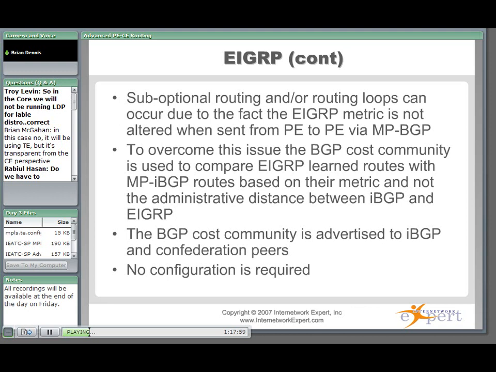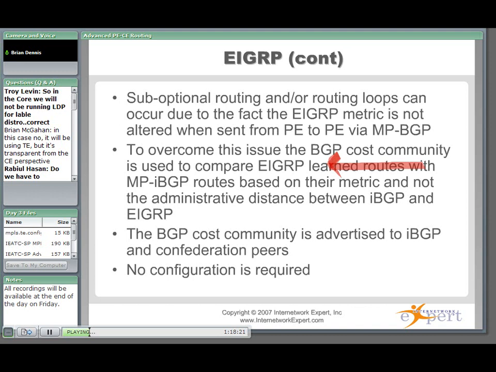So let's say we have a route, and the route comes across from BB1. Okay, so this route comes across from BB1 here, and that route is learned by R6.